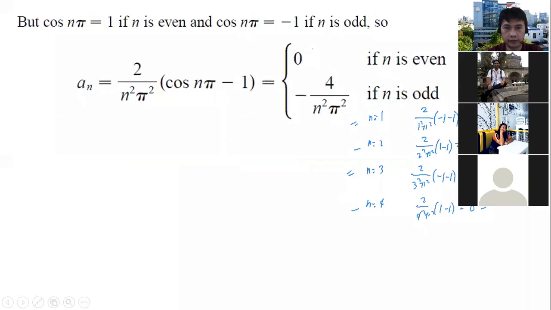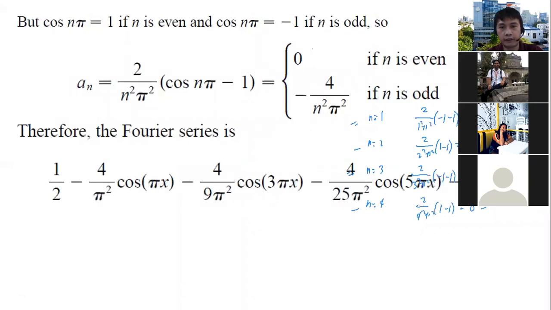So the next value of n would be 3 na. If n is equal to 3, we can determine the a sub 3 value as negative 4 over 3 squared, that's 9 pi squared. Then multiply it by cosine n pi x, where n here is 3, so 3 pi x, and so on. So we can generate this expression.